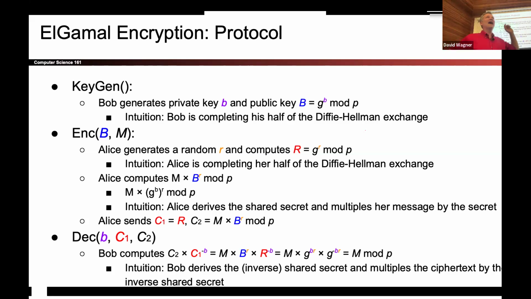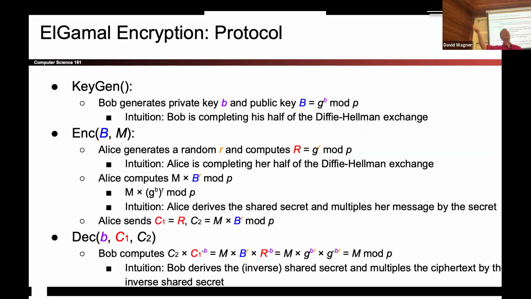How does Bob get that? Alice has to send Bob something, and the C1 is what Alice would send in a Diffie-Hellman exchange. So the relationship between this and a Diffie-Hellman key exchange: C1 is what Alice would send in the Diffie-Hellman key exchange. Bob's public key is what Bob would send. So you imagine that Alice and Bob do this Diffie-Hellman key exchange, and then the C2 is the encrypted message.